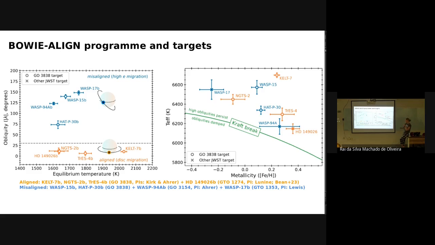They're also in a narrow temperature range to not make them too different. 4 misaligned, 4 aligned, and they're all above the Kraft break, which means they will not tidally realign. So what we see in the alignment should be really the primordial alignment that happened during formation.